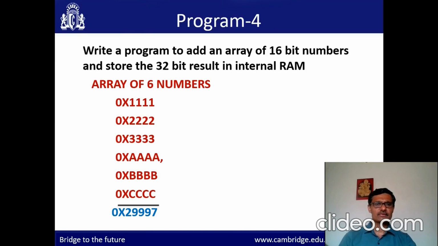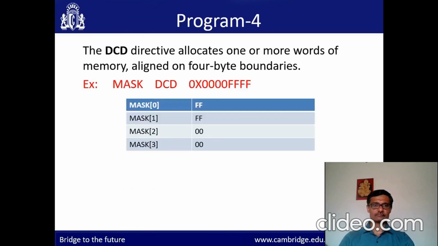There are 6 numbers here, and their sum is equal to 29997 in hexadecimal. So our final result is 29997, which is available in a memory location.